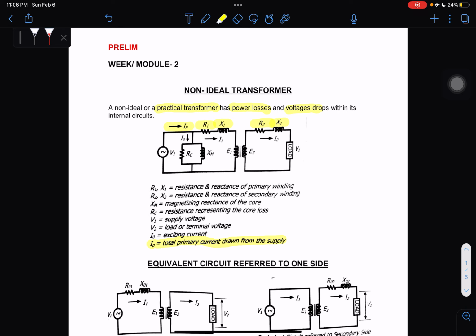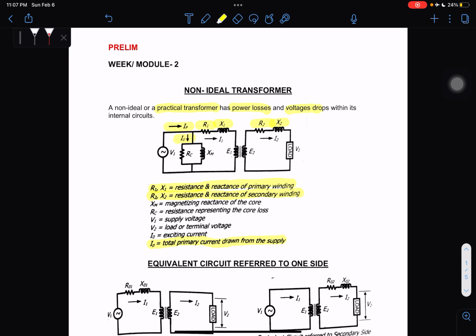So take note that subscript 1 is for primary and subscript 2 is for secondary. So we have here resistance and reactance of the primary winding and secondary winding. In that circuit, we also have the I0.